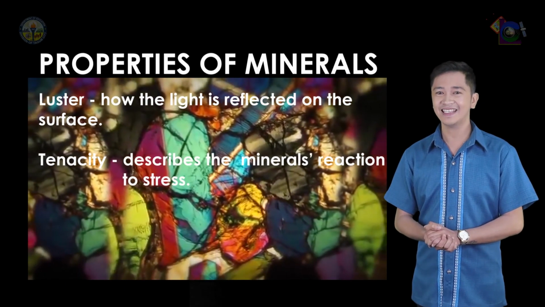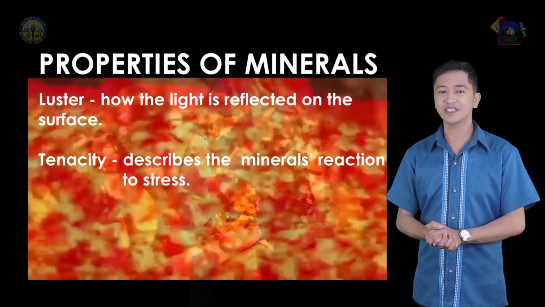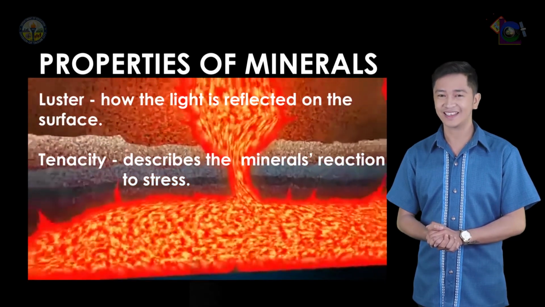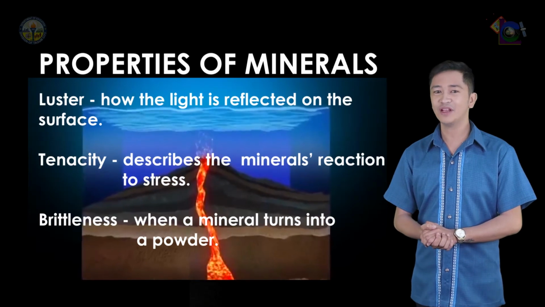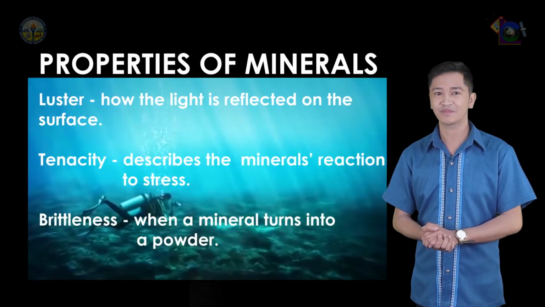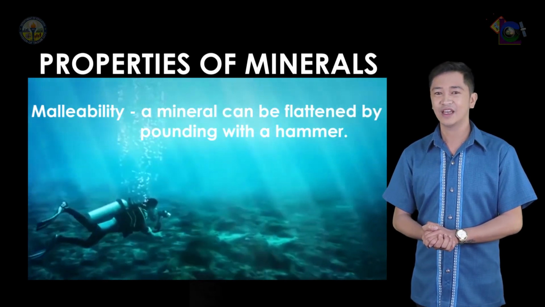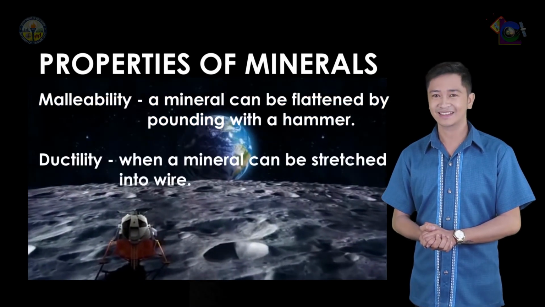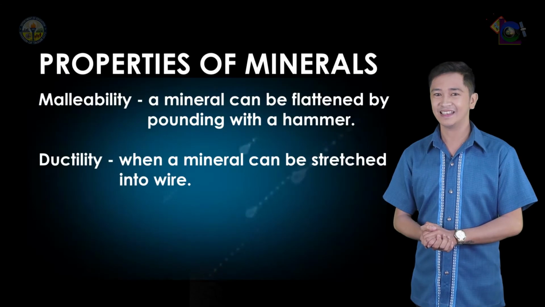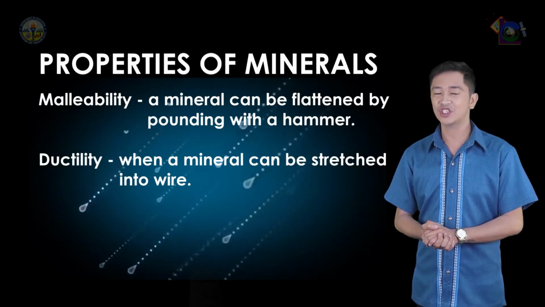8 is tenacity. It describes the mineral's reaction to stress. Like brittleness. It is when a mineral turns into powder. Malleability. When a mineral can be flattened by pounding with a hammer. Ductility. When a mineral can be stretched into wire.